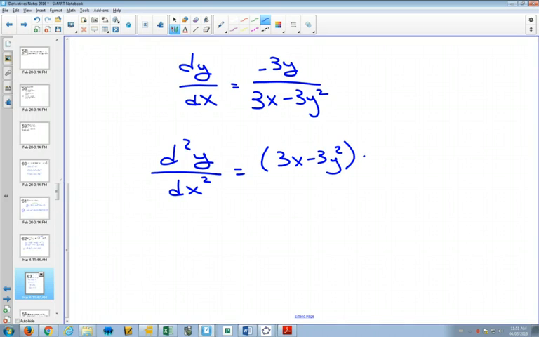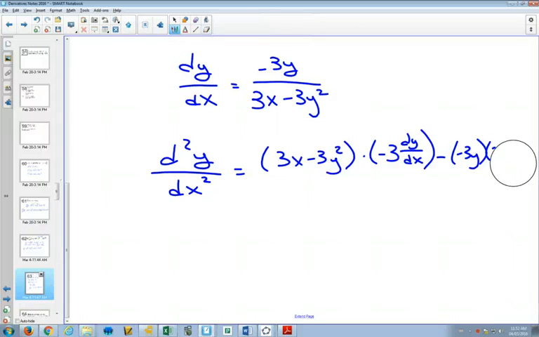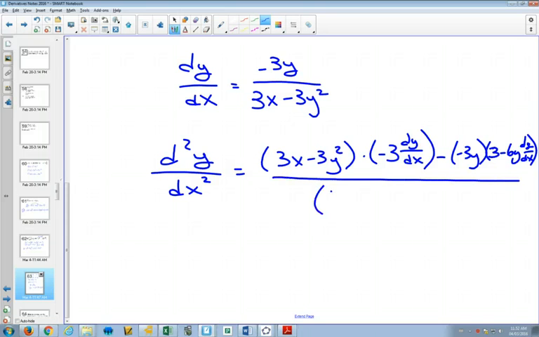And the derivative of the top is going to be negative 3 dy dx, minus, keep the top the same, derivative of the bottom, which will be 3 minus 6y dy dx, all over the bottom squared. So there's the second derivative.